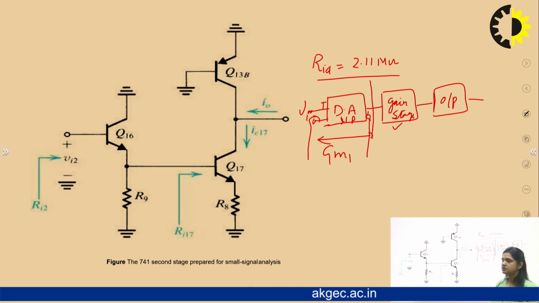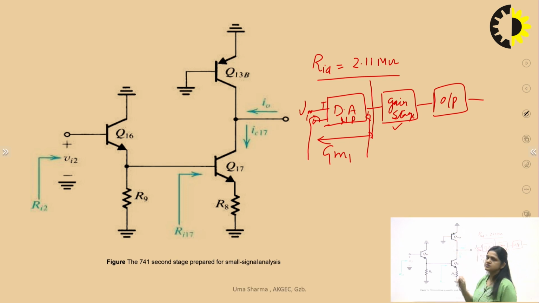So, before doing the analysis, the first task is to draw the small signal equivalent circuit. Here in this figure, you can see the 741 IC second stage diagram for AC analysis.